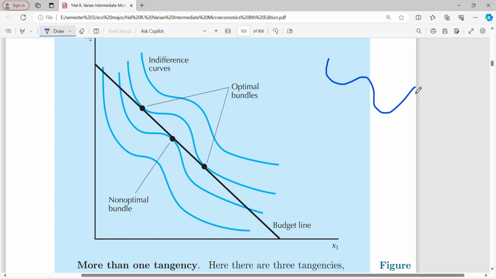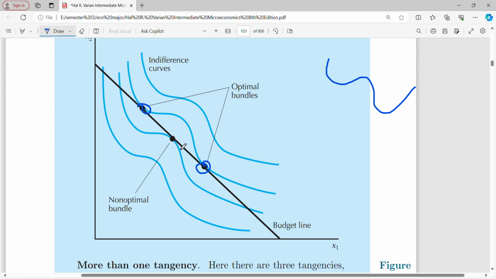Because when we notice this diagram, we can see the indifference curves are like this, right? So the budget line is tangent at 2 points. So these two are optimal bundles. Definitely. These two are optimal bundles. But what about this? This is a non-optimal bundle.